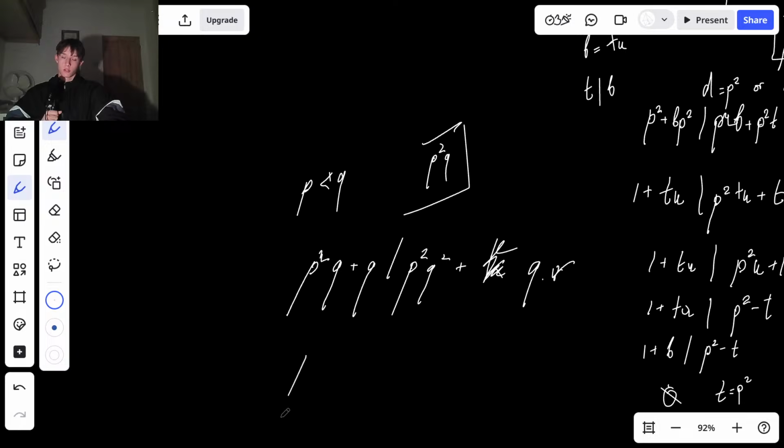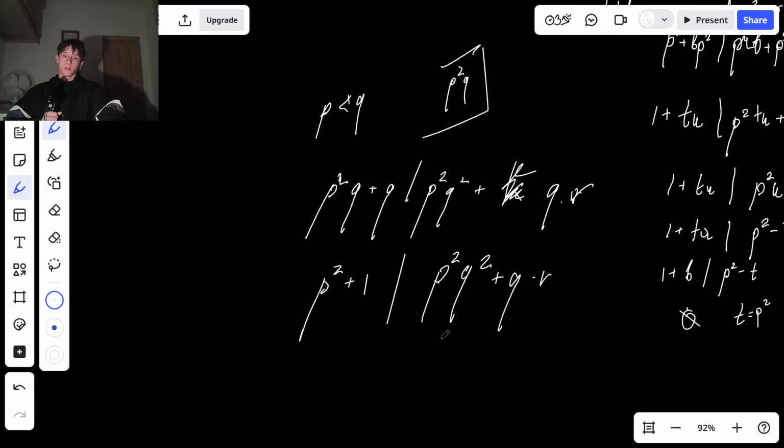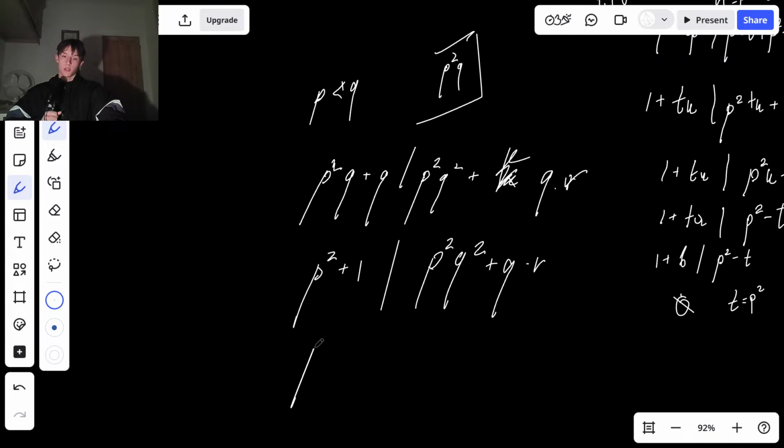Divide this all by q, get p squared plus 1 divides p squared q squared. That's q times r. Divide this thing by q, get p squared plus 1 divides p squared q, plus q plus r.